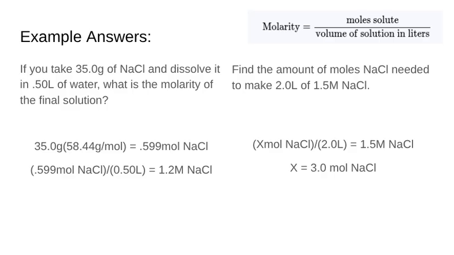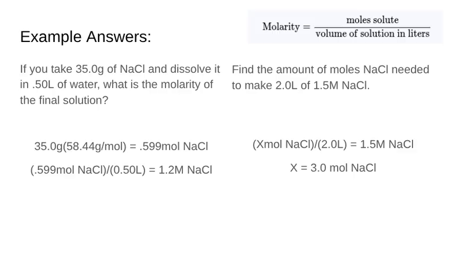Then for the example on the right, we had to find the amount of moles of sodium chloride needed to make 2 liters of 1.5 molar sodium chloride. So here we can just go straight into the equation and plug in our values. We have some number of moles of sodium chloride divided by 2 liters equals our 1.5 molar sodium chloride.